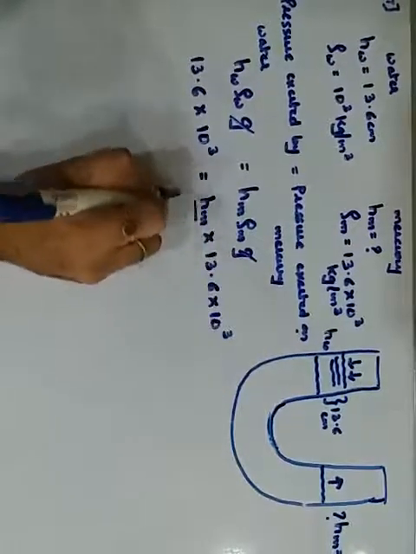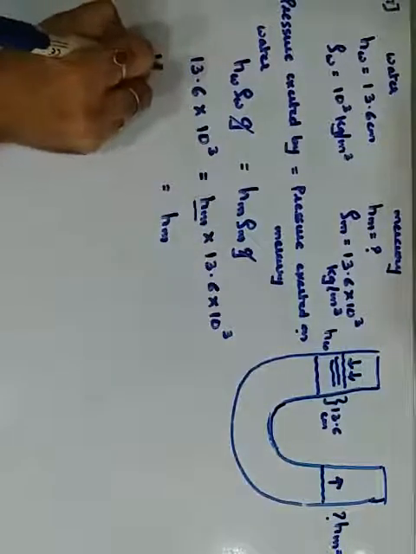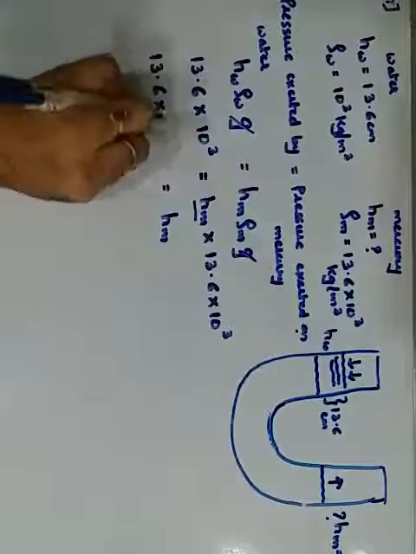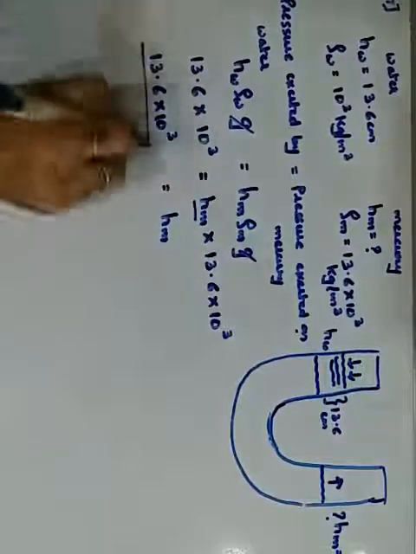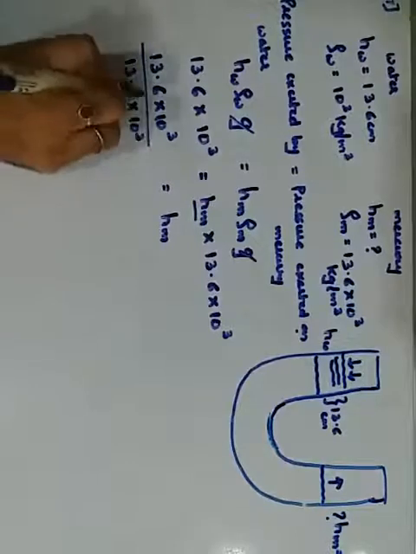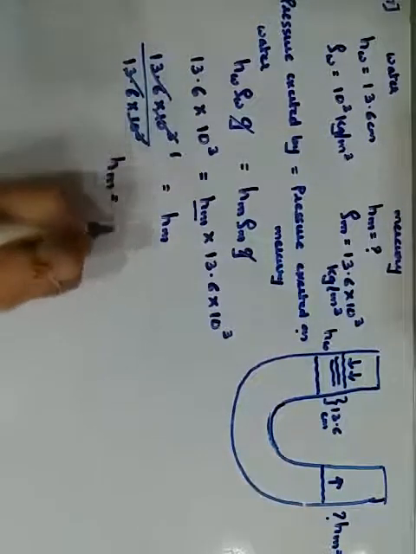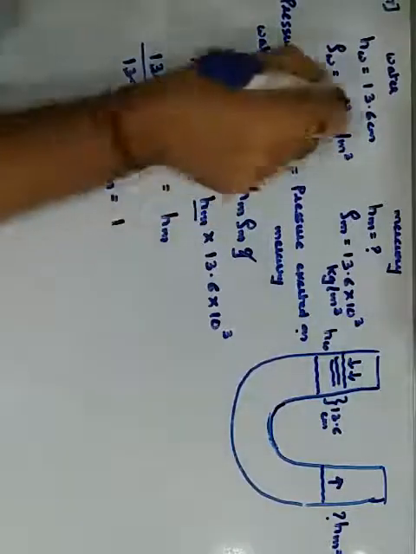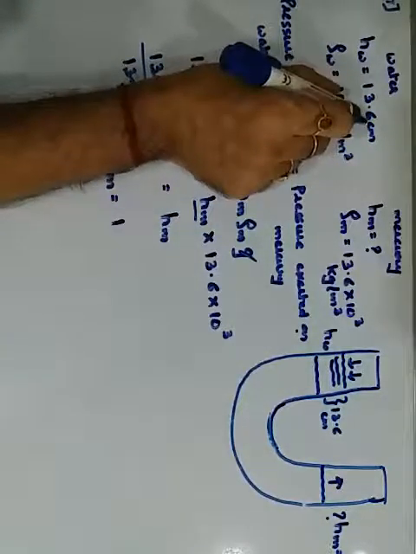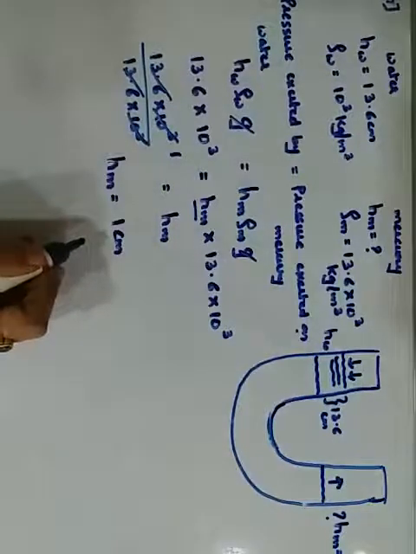Keeping the height of the mercury as it is, taking all these things down, that is 13.6 into 10 raised to 3 upon 13.6 into 10 raised to 3. Everything cancels, left is only 1. Therefore the height of the mercury level becomes 1. The height is in centimeter. I did not convert into meter, therefore I keep it in centimeter, and your final answer is also in centimeter.